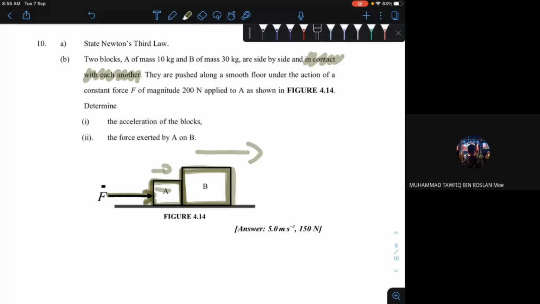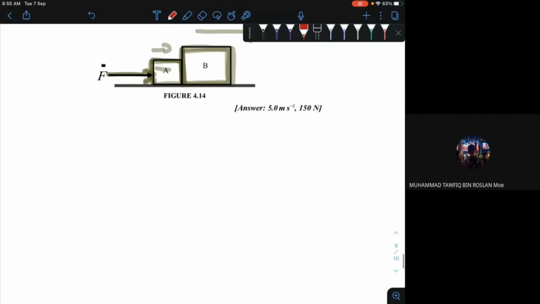So dia macam kita ada dua orang, Aaron dengan Varen tengah berdiri bersebelahan. Okay, Eric tolak Aaron. Okay, tolakan Eric pada Aaron menyebabkan Aaron bergerak. However, kamu mesti tak nampak. Saya panggil nama ni sebab dalam skrin saya mereka bertiga ni. Kita ada Eric dekat sini.